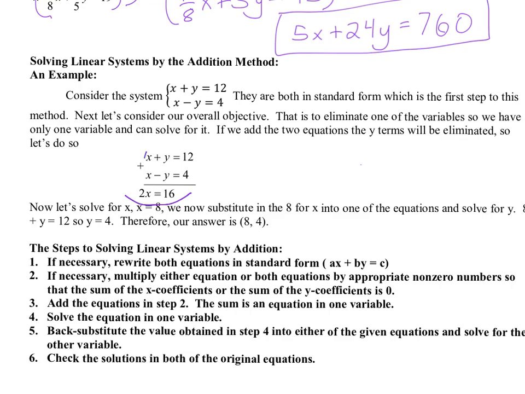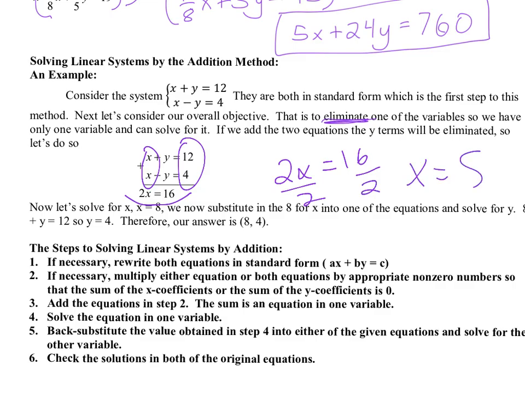I get 2x, and then 12 plus 4 is 16. Dividing both sides by 2, I would get x equals 8. Then I can plug that 8 into either of the two equations and get the y equals 4 that you see here. So my final answer would be (8, 4).